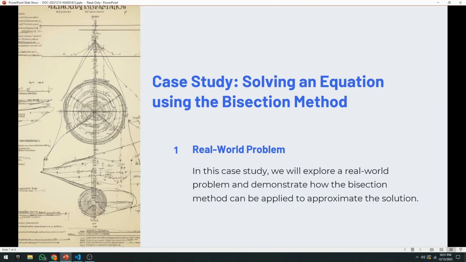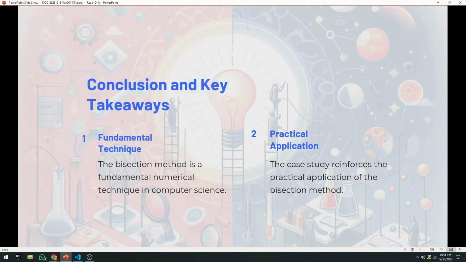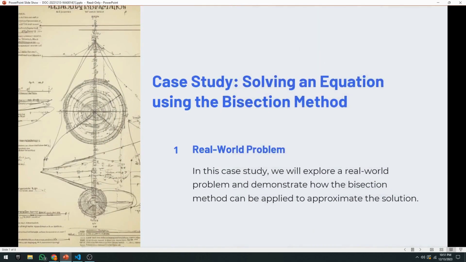If we compare the bisection method with Newton's method, we have some advantages and disadvantages. The advantages are faster convergence for functions with smooth behavior, and quadratic convergence under certain conditions.